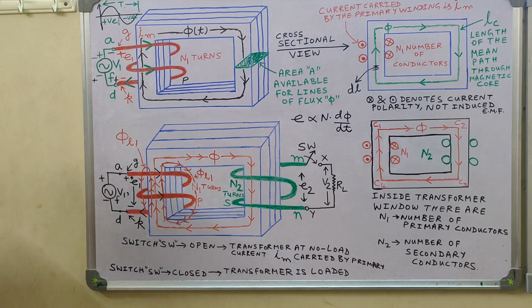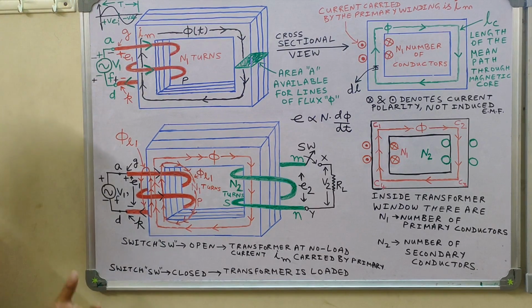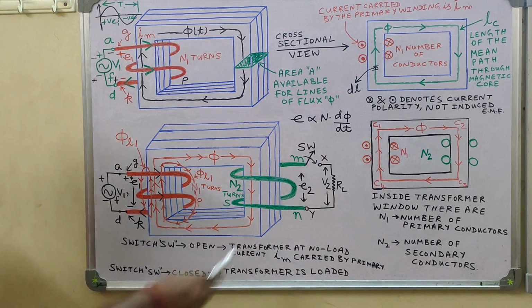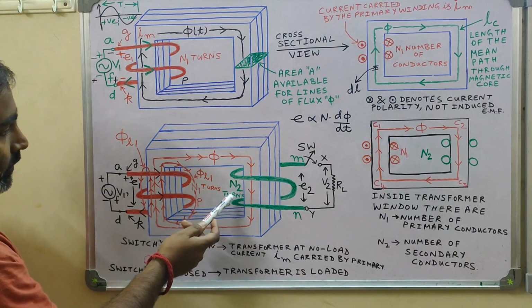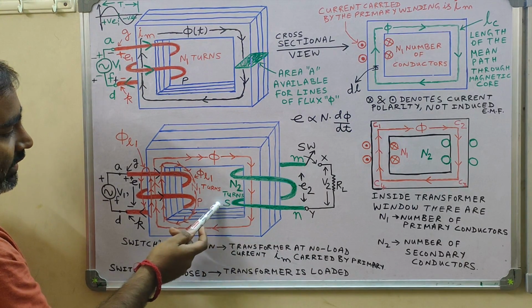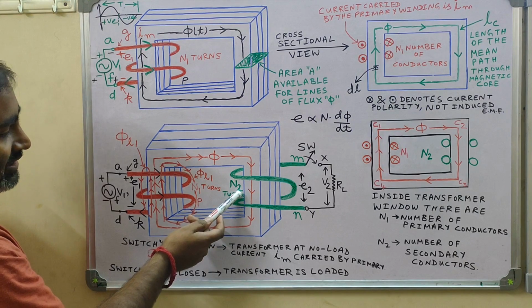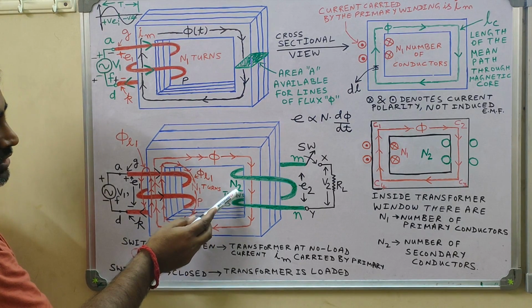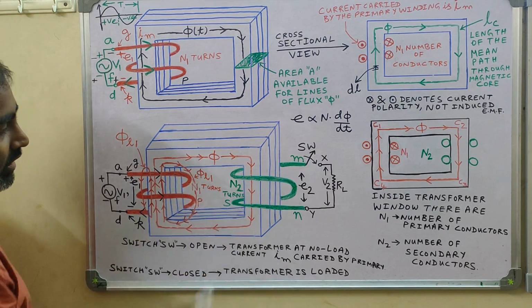So usually the approach is that whichever quantity is related to the primary coils is denoted by a suffix 1, and whichever quantity is related to the secondary coil is denoted by a suffix 2. For example, the number of turns of the secondary coil is denoted by N2, so there is a suffix 2. Why suffix 2? Because it is related to the secondary coil.